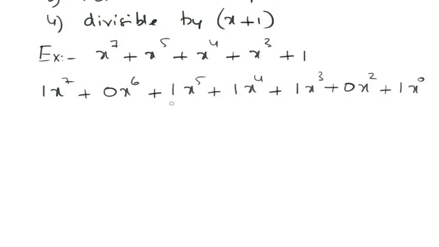Now we have to collect all of these coefficients and write them. The coefficient of x raised to 7 is 1, then we have 0, then 1, 1, 1, 0 and 1. So this is the bit pattern obtained from this polynomial.